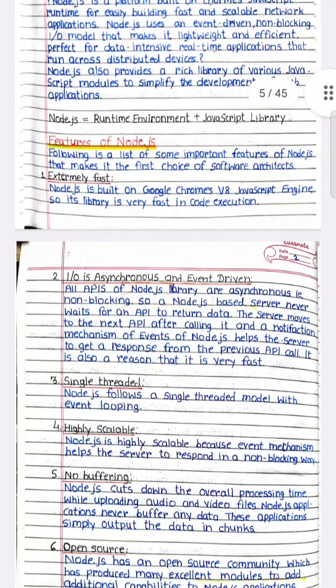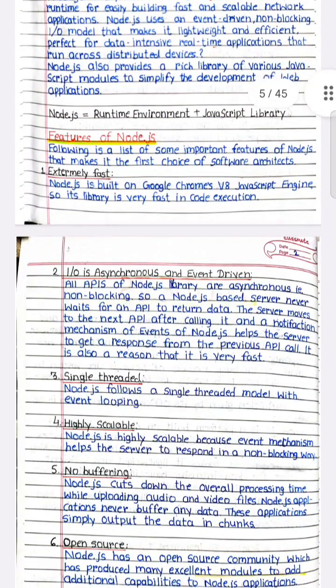The first feature of Node.js is that it is extremely fast. It is very fast, guys. Node.js is built on Google's Chrome V8 engine, a JavaScript library. As we know, Angular was developed by Google in 2016, and Node.js is also developed by Google.